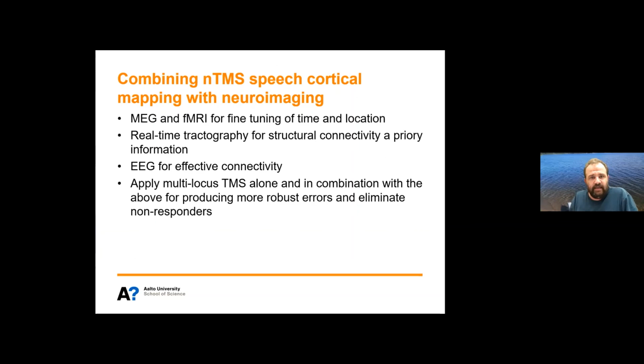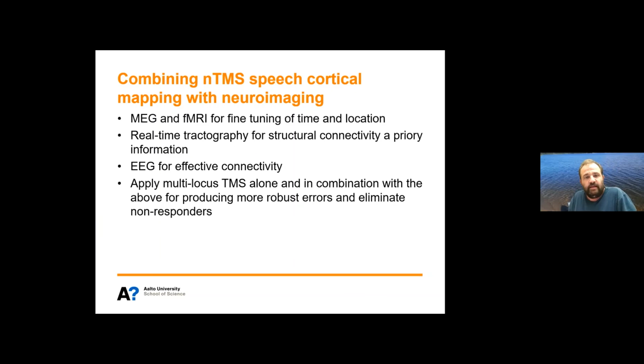So now it's high time to improve this tool. One way is to combine it with neuroimaging in a personalized way, where we will use MEG and fMRI of the specific subject, and we apply this information for the specific mapping of this subject.